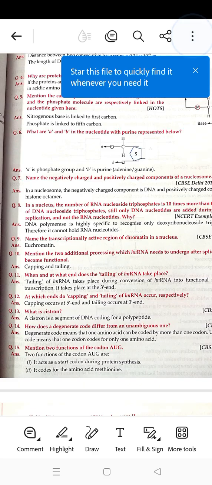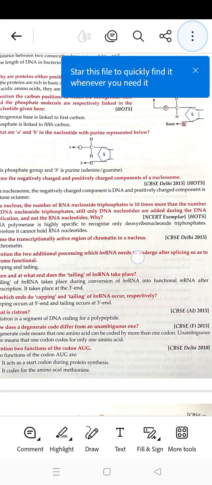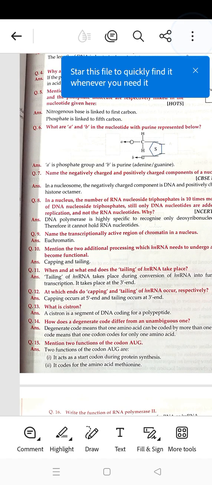Why? So the answer is: DNA polymerase is highly specific to recognize only deoxyribonucleoside triphosphates. Therefore, it cannot use RNA nucleotides.